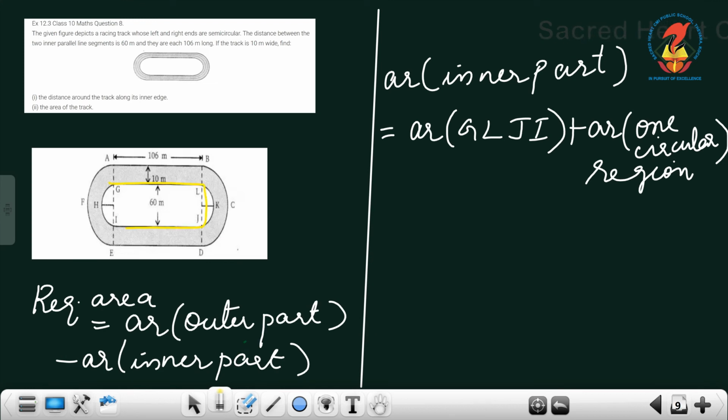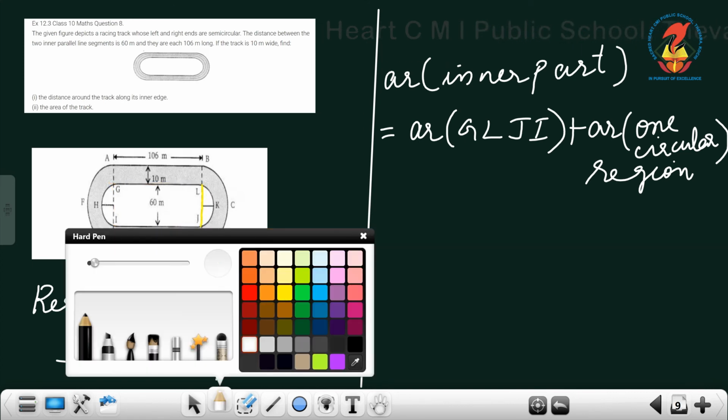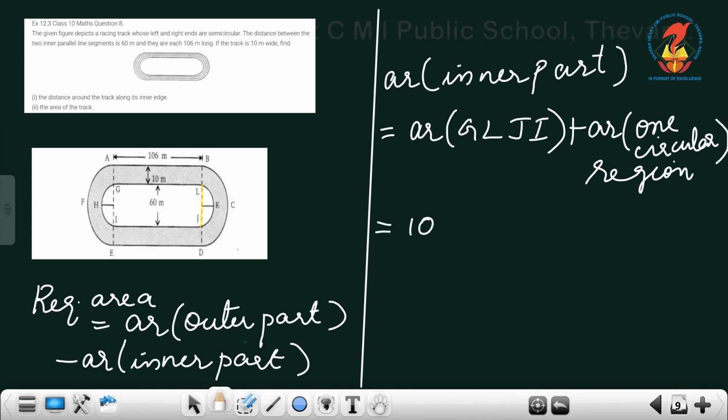Rectangle GLJI: what is the length? Length is 106 and breadth is 60, which is equal to 106 into 60 plus the area of one circular region, which is pi r square.